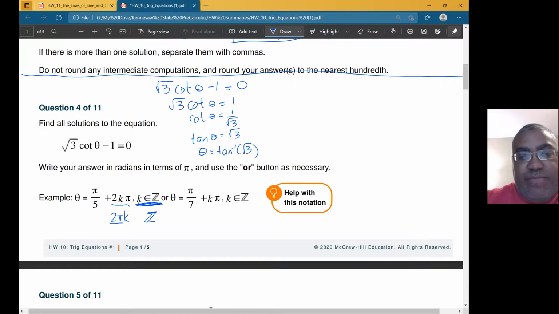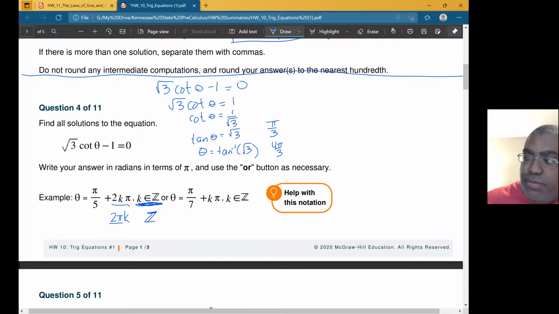Where is that located? There are two places that arctangent is going to be positive. Those two places are at pi over 3, and also right below it, at 4 pi over 3.